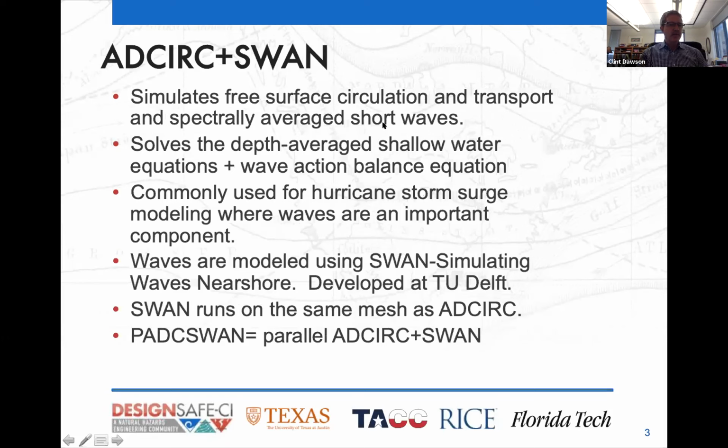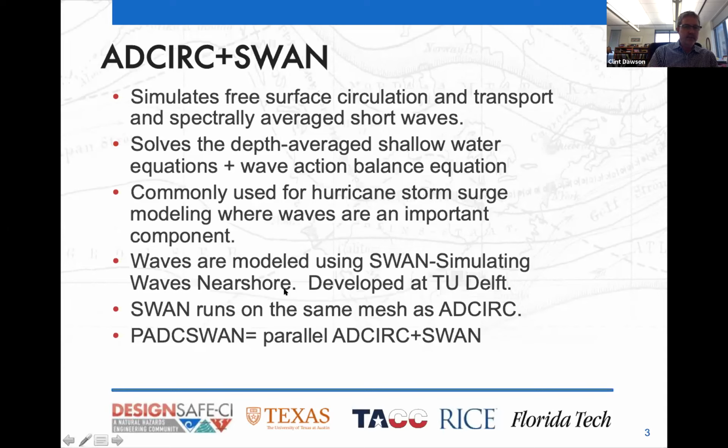Now, we also have ADCIRC plus SWAN. So this is another code which not only simulates the free surface circulation and transport, but also computes spectrally averaged short waves. And so it's actually a combination of a code of ADCIRC and a code called SWAN, which was developed.